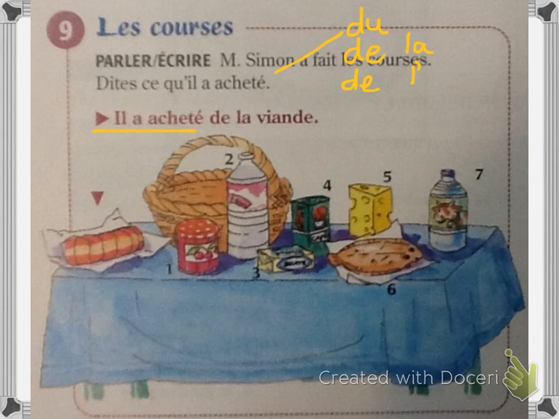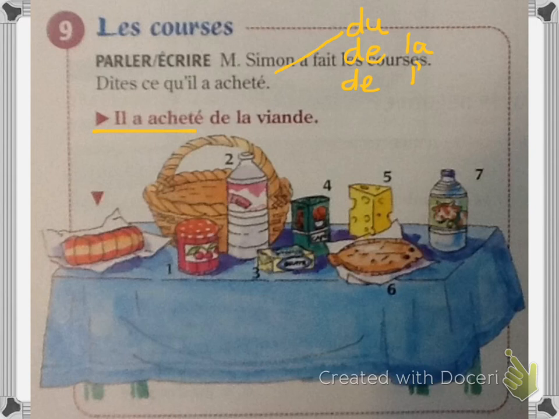Il a acheté. All right, numéro 1, some jam. Il a acheté de la confiture. 2, mineral water. Il a acheté de l'eau minérale. 3, butter. Il a acheté du beurre. 4, coffee.